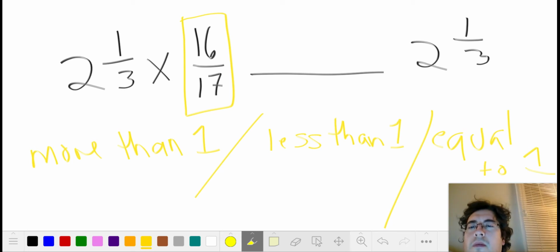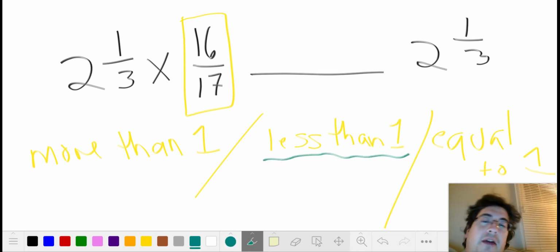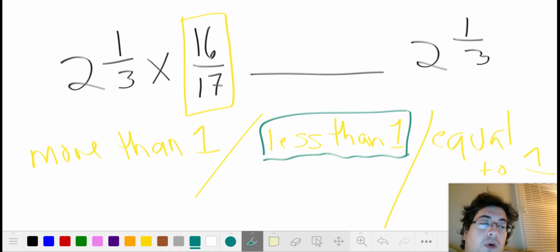So looking at the 16 seventeenths, we notice that the 16 in the numerator is smaller than the 17 in the denominator. And so that indicates that it is less than 1.